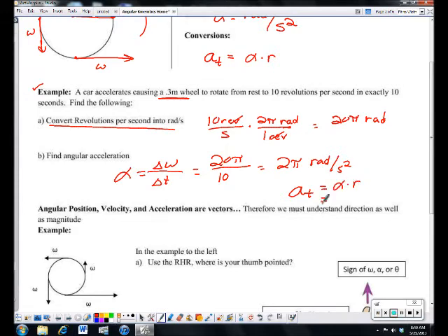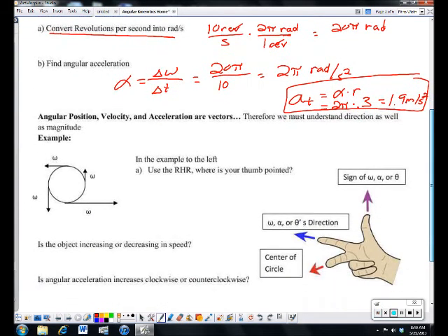My angular acceleration is 2 pi times my actual radius of 0.3. And if I did that, because there's no real reason to use pi anymore, so 2 times pi times 0.3, that would give me an actual acceleration of 1.9 meters per second squared. So that's kind of an extension of what I can do.